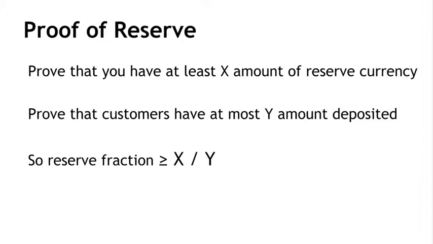So what that means is that the reserve fraction, if they report it exactly accurately, is X over Y. If in fact X is larger, then the reserve fraction is larger than they're claiming. Or if Y is smaller, then the reserve fraction, because Y is in the denominator, is also larger than they're claiming. And so when they prove an X and prove a Y this way, you can guarantee that the actual reserve fraction they're holding is at least as big as what they're claiming. And therefore they can prove a reserve to you.